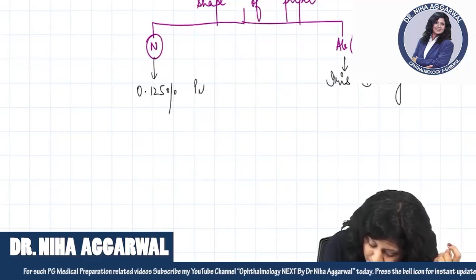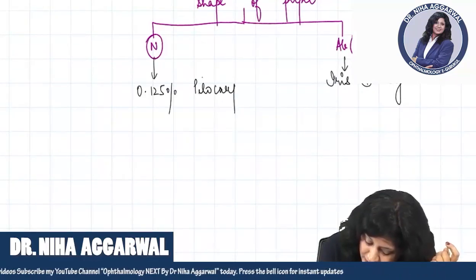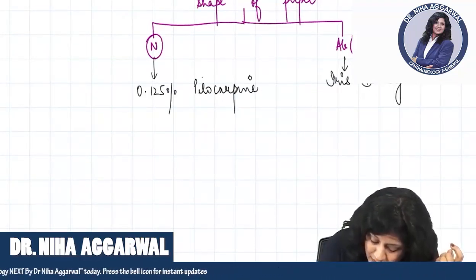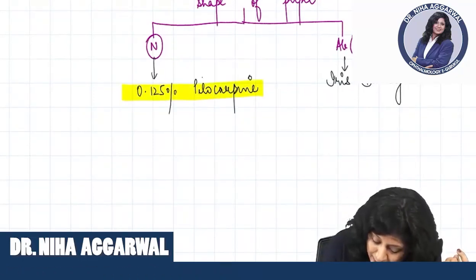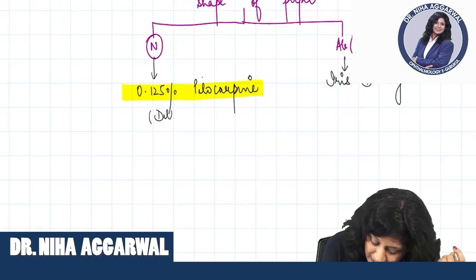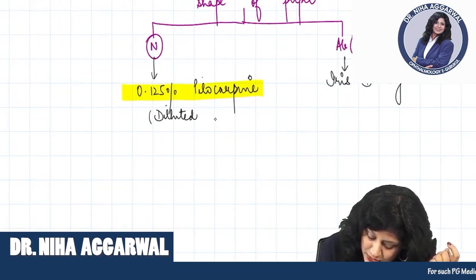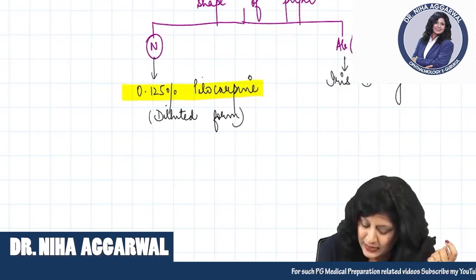Now if you have the normal shape of the pupil, then you give 0.125% pilocarpine. This is the first concentration that I am using here, 0.125% pilocarpine. This is a very diluted form of pilocarpine.